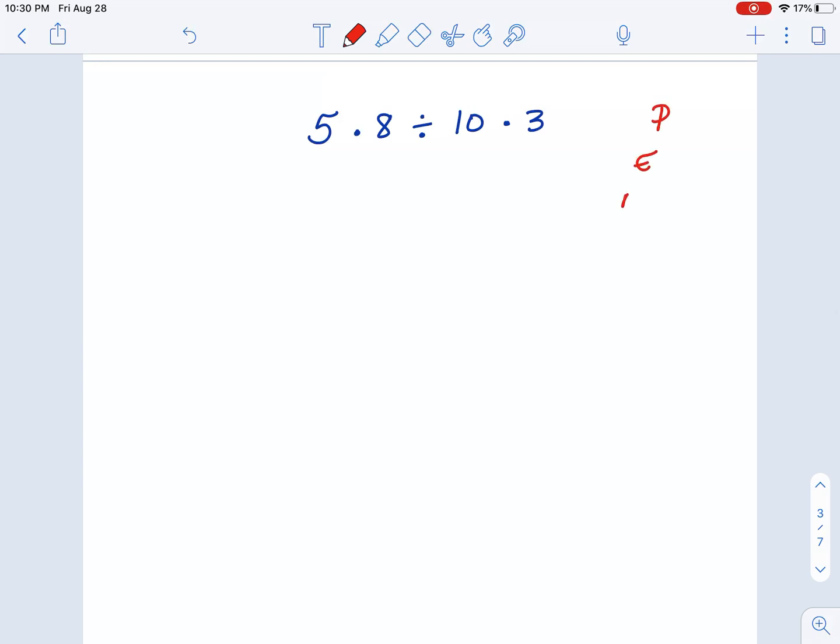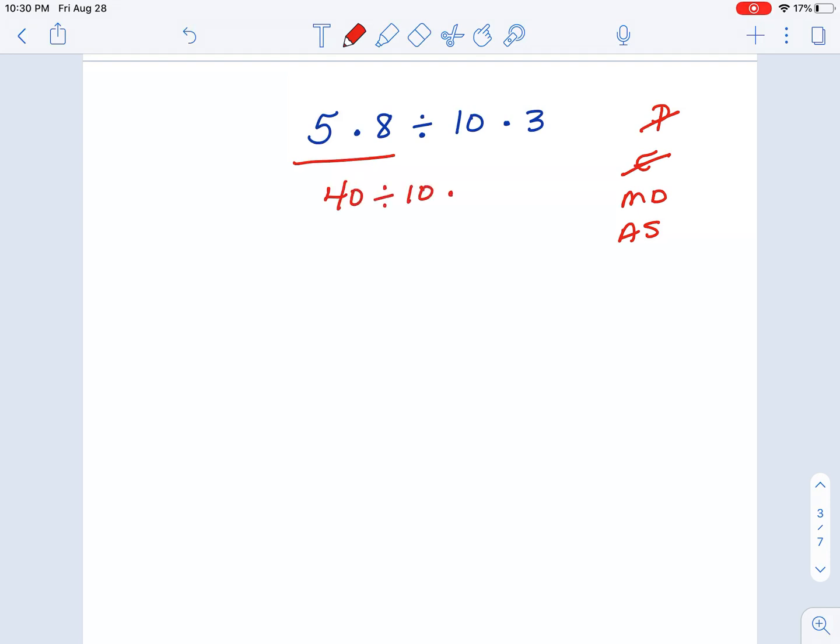Okay. Do my PEMDAS. Do I have any parentheses? No. Do I have any exponents? No. Do I have any multiplication or division? I've got a lot of both of them, so I do it from left to right. So I'm going to do this first. 5 times 8 is 40.